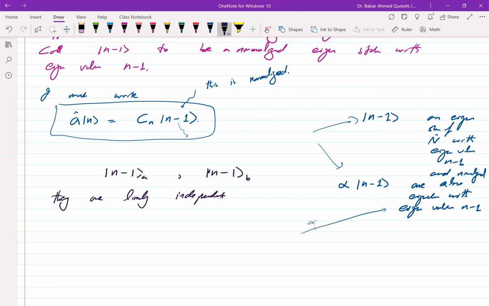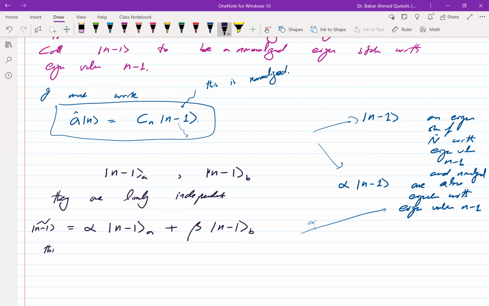If you had two linearly independent states, you can generalize it to even more, and both having eigenvalue n minus 1, then if I make an arbitrary linear combination of these two, this will still be some state, let me call it n minus 1 tilde.